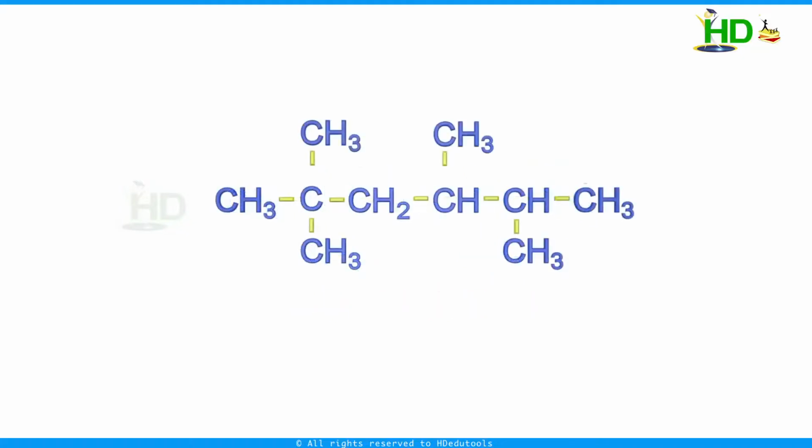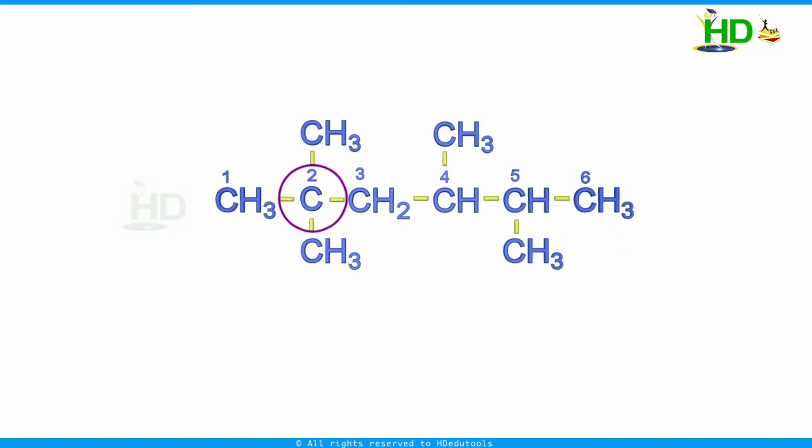Similarly you take this. This is the parent chain. The parent chain contains 6 carbons. That is, last we get hexane. What are the positions of the side chains? You number from here 1, 2, 3, 4, 5, 6. If you number from left to right, the maximum number of side chains should be on the minimum numbers. If you number it from left to right, it is possible.